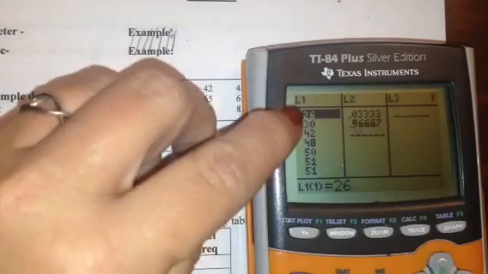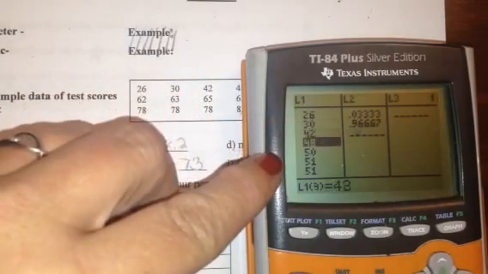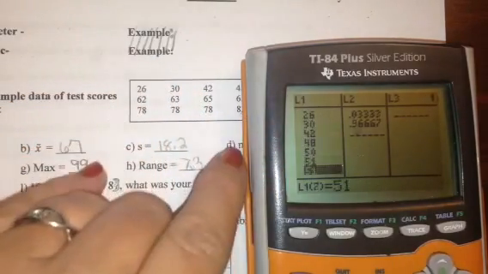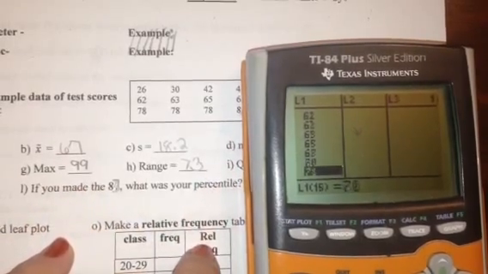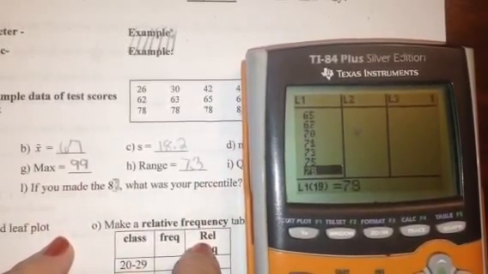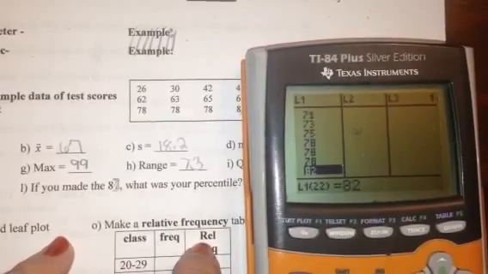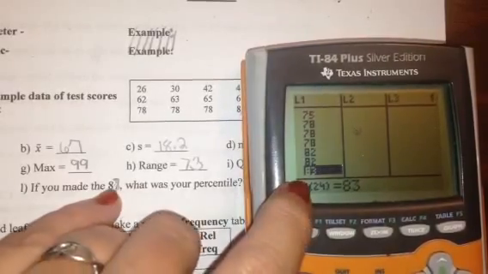So an 83: 1, 2, 3, 4, 5, 6, 7, 8, 9, 10, 20, 21, 22. So 83 is 24th.